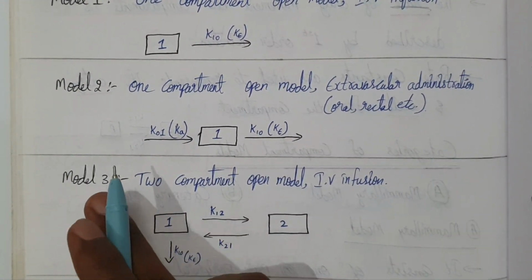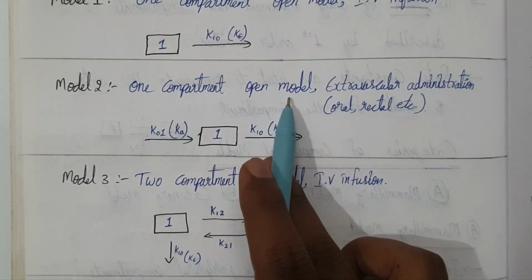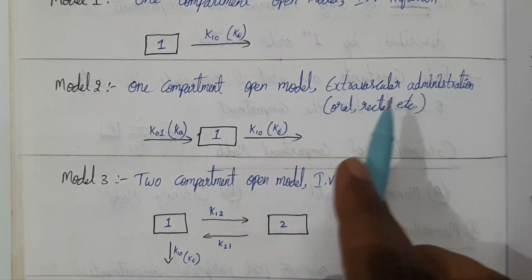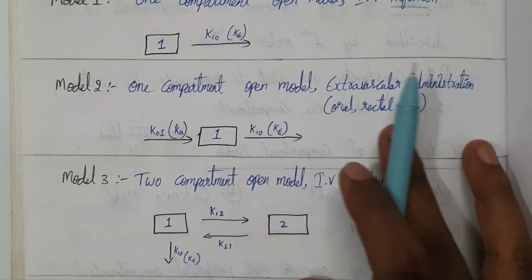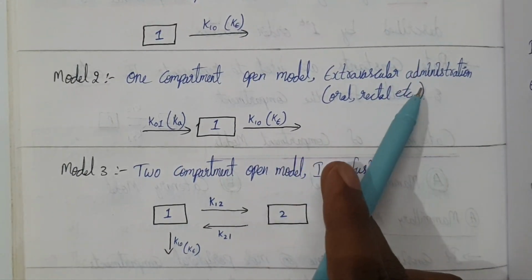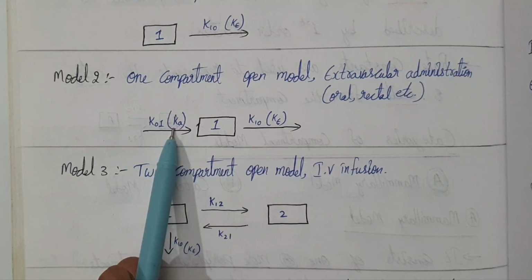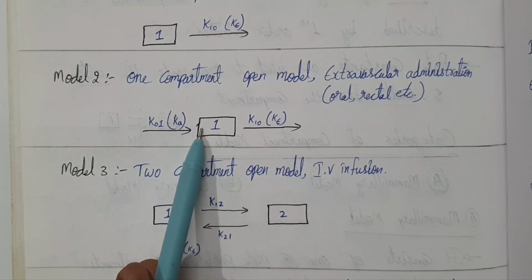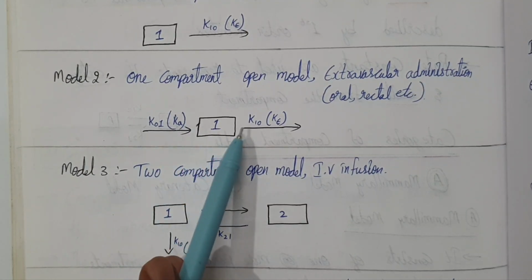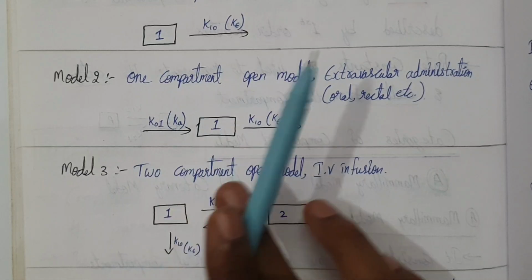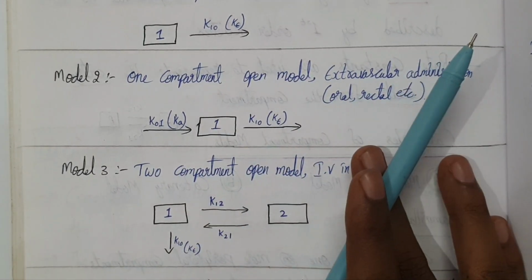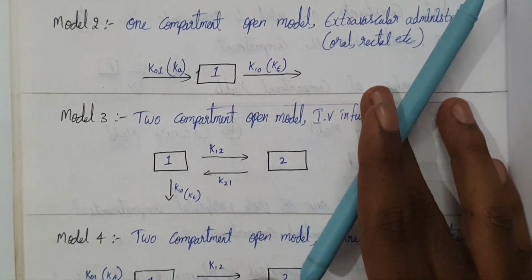Then we have model 2, one compartment open model, extravascular administration like oral, rectal, etc. Extravascular means there will be absorption. So our drug enters by absorption into the central compartment, then is eliminated with Ke, the elimination rate constant.